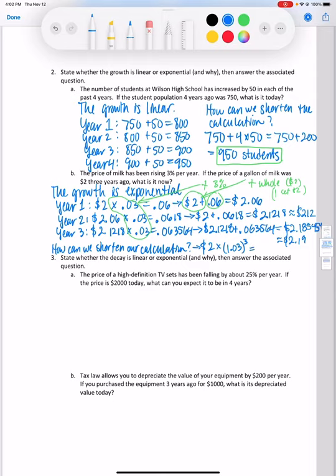That's going to equal $2 times 1.09, which gives the 2.19. Okay, and then we have our answer.